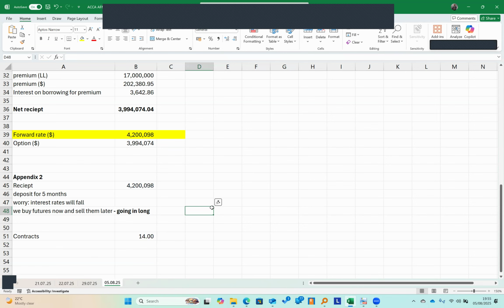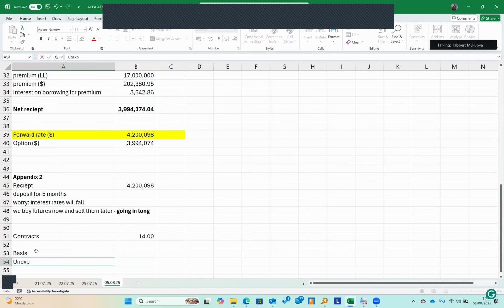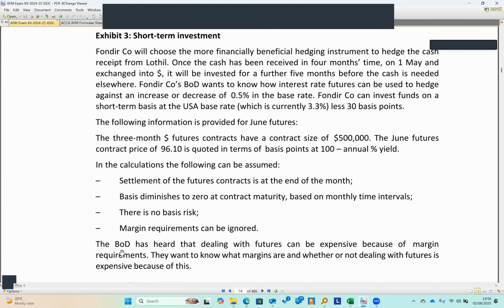And now after knowing the contracts, then we have to calculate basis and what we call unexpired basis. Now basis is basically the difference between the spot rate and the future price. Right now we can borrow at 3.3, so that's the spot rate, and then the future price is at 96.1.